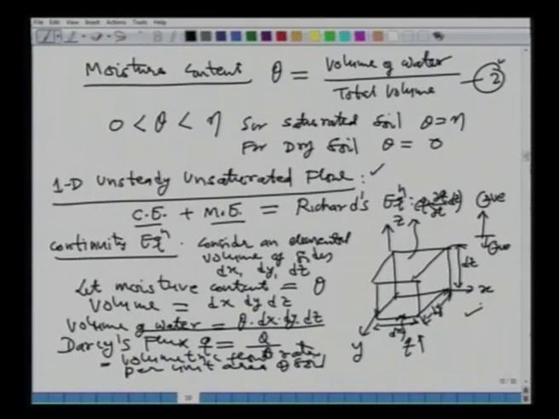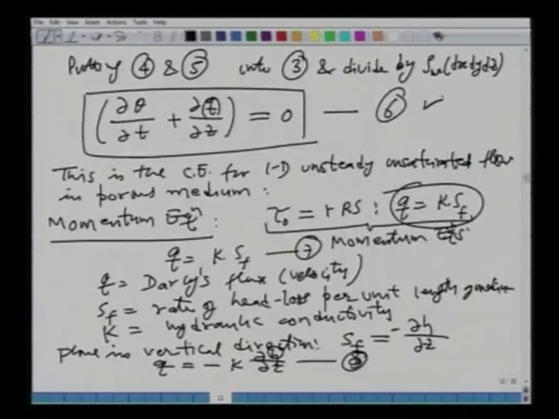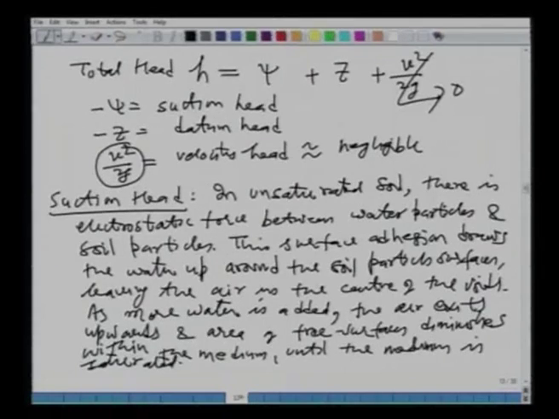I will not go through this whole process again, and continuing further, this is the continuity equation, equation number 6 we derived, and then we took the momentum equation in the form of Darcy's law. Then we split the head or the energy which causes the water to infiltrate into two components.